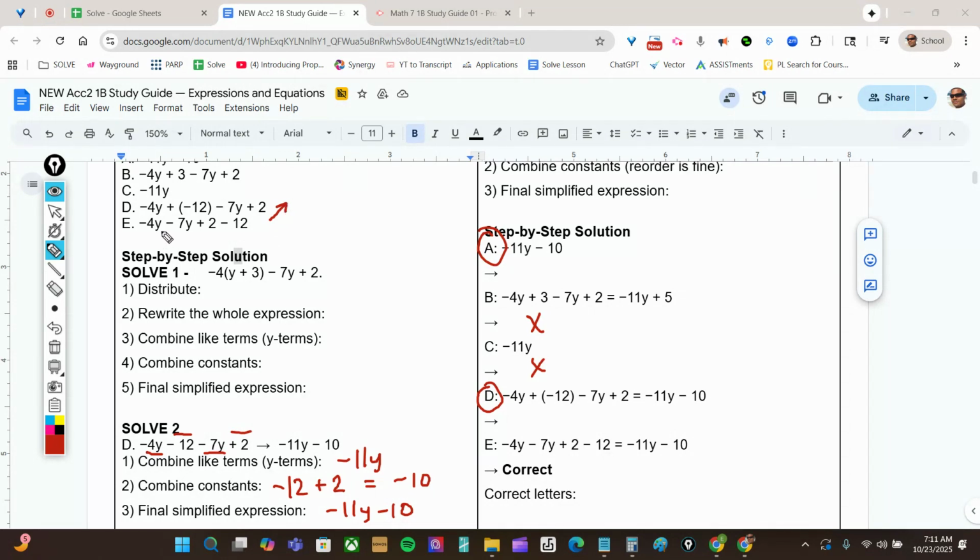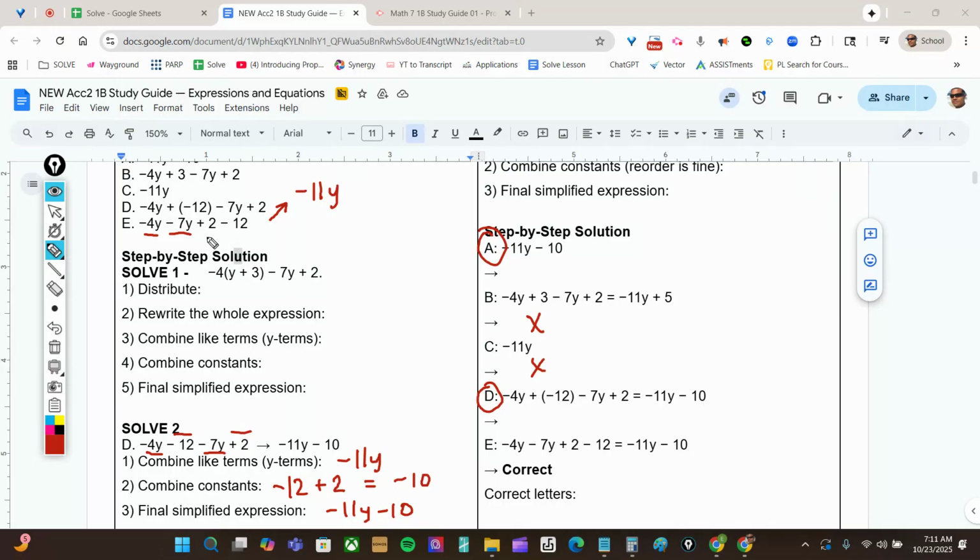So we got a negative 4y plus a negative 7y, which we already know is going to be a negative 11y, and then we have the same thing, positive 2 plus a negative 12, because this is going to be keep change change.